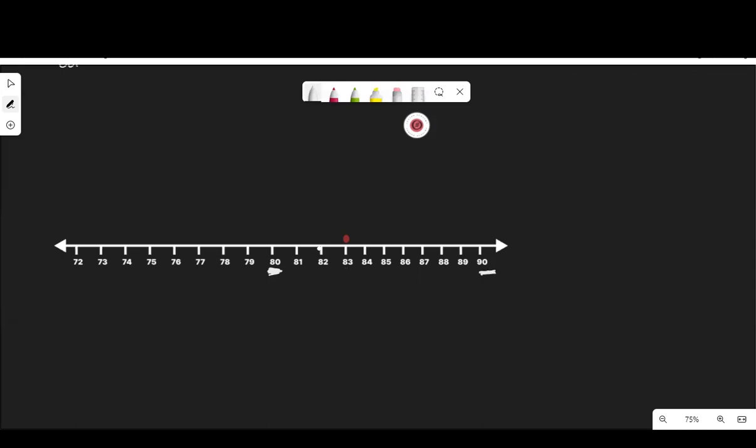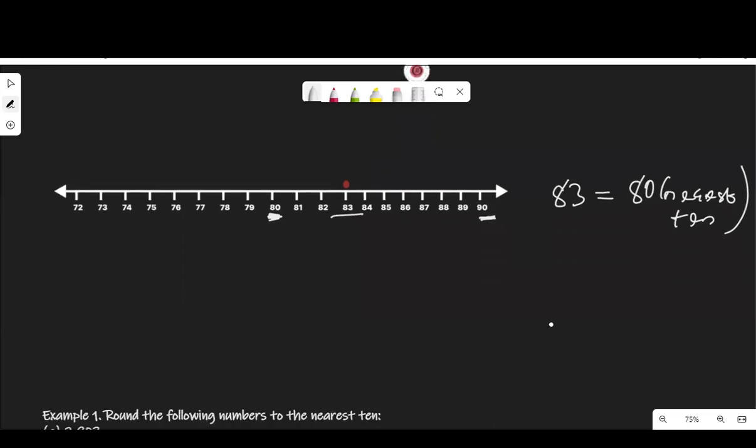Look at how many places we need to count before we get to 80: 1, 2, 3. Or if we are going to 90, we need to count 1, 2, 3, 4, 5, 6, 7. So 83, rounded to the nearest 10, is 80. That is the idea of rounding a whole number.